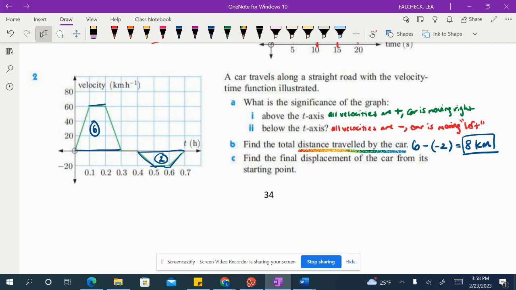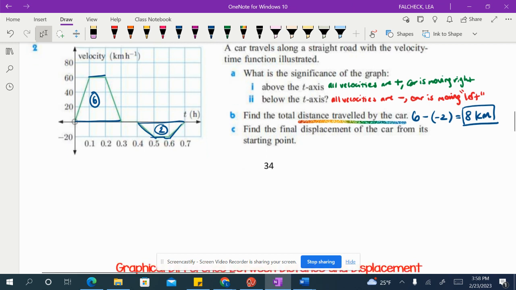And then C, find the final displacement of the car from its starting point. So final displacement is going to be distance from the origin, okay? So let's think about it like this, right? We have a final displacement of, let's see, we started with 6.